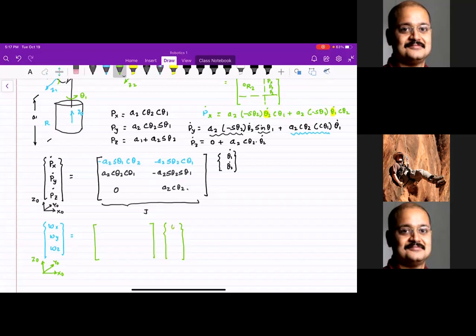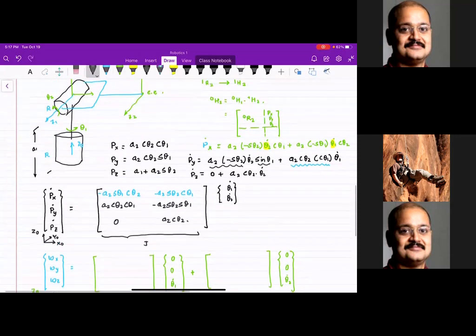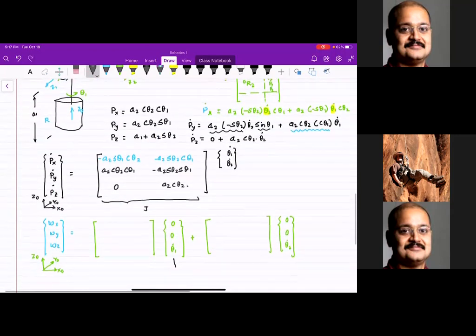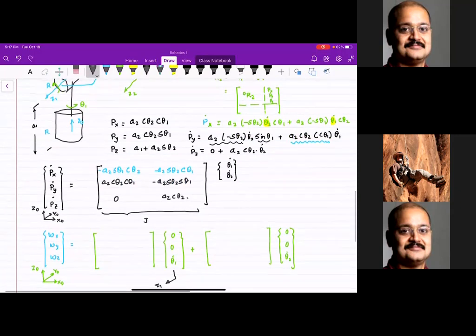So I'm going to write down here 0, 0, theta 1 dot, plus theta 2 dot, which is about z1, so 0, 0, theta 2 dot. And for this problem, I'm going to write this down, okay? This is super important. Let me show you the frame, z1. This is about z0.